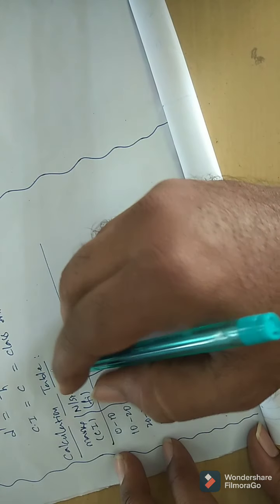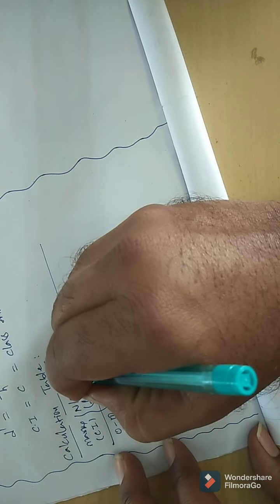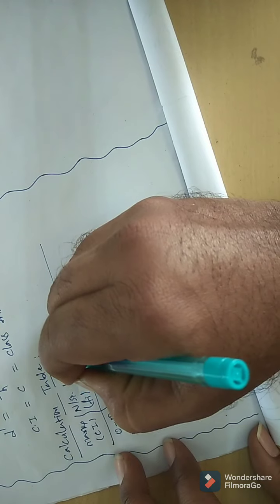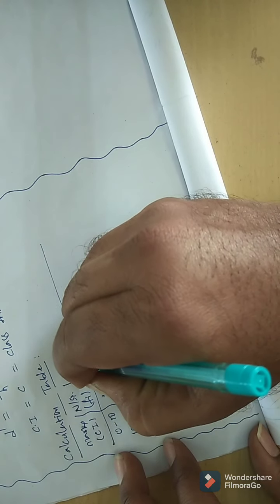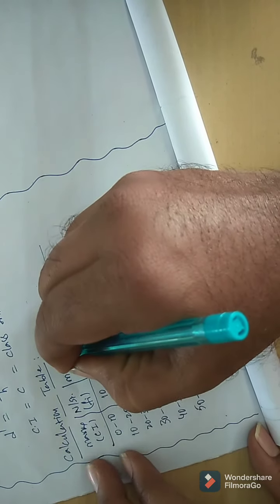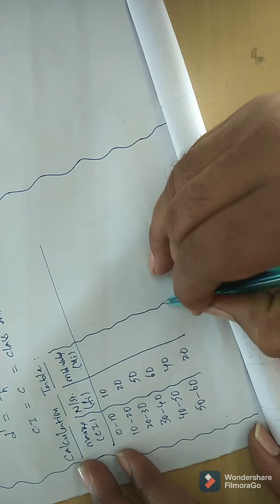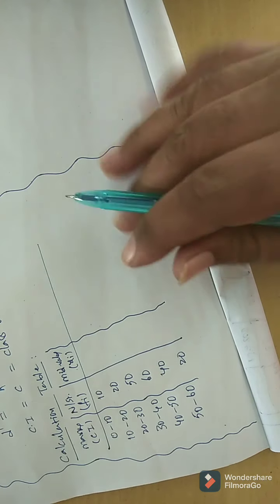What is the first thing you require now? Mid values. What is the mid value?